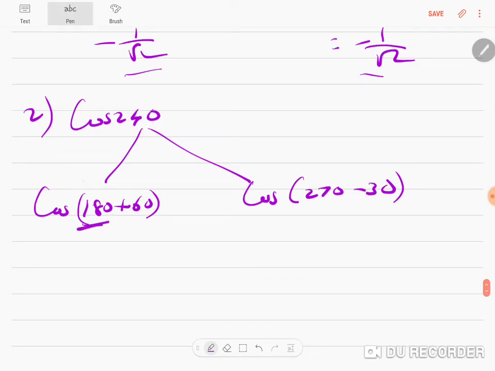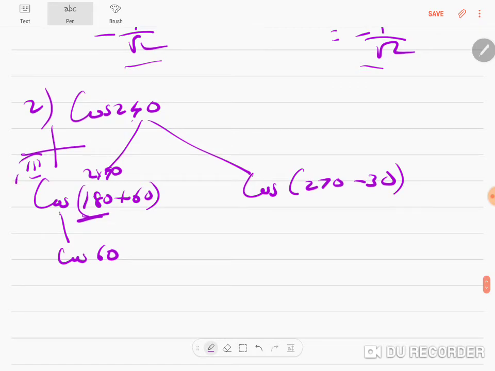This is 2 into 90, which is an even integral, so cos will remain cos 60. Which quadrant is 240 in? The third quadrant. All Sugar Tea Cups: tan only is positive, so minus cos, because the question here is about cos: minus cos 60. And what is cos 60? Cos 60 is 1 by 2. So minus 1 by 2.